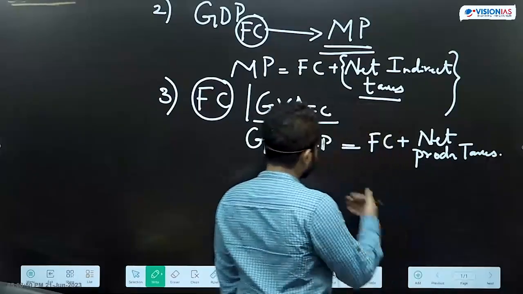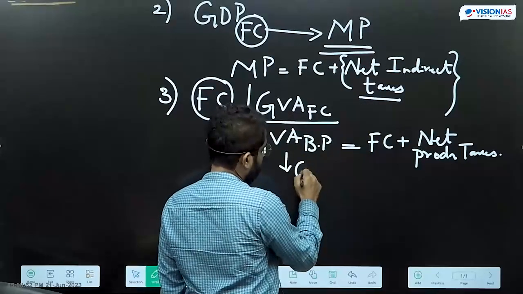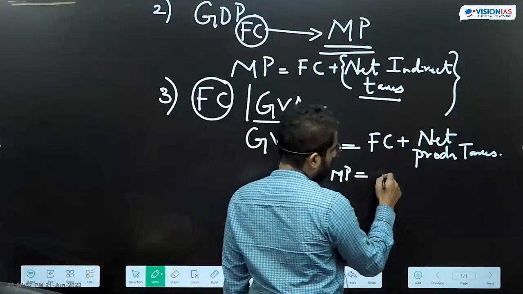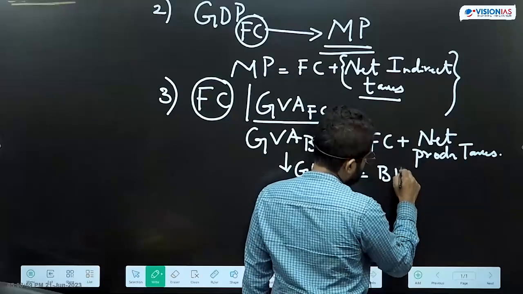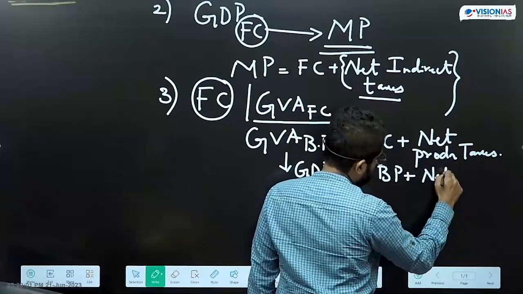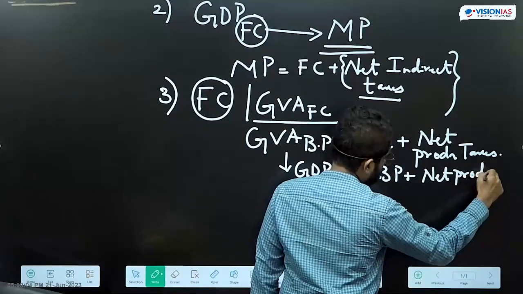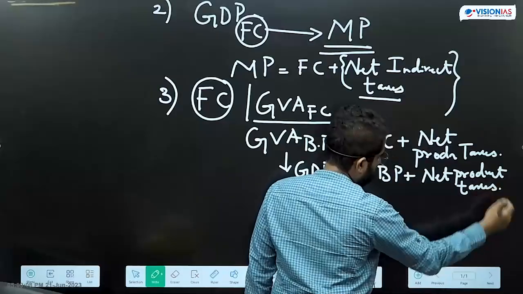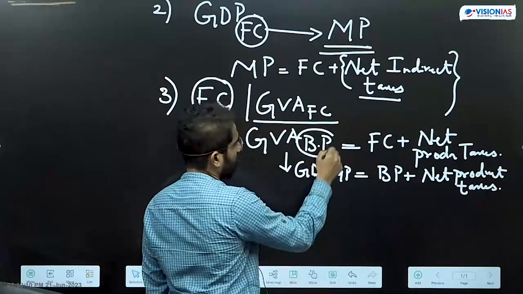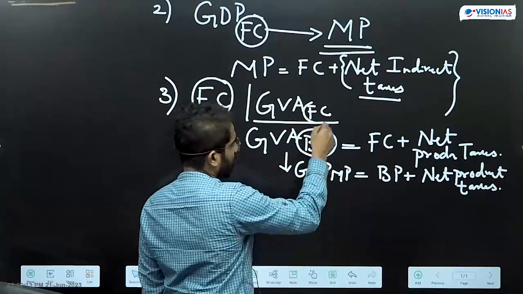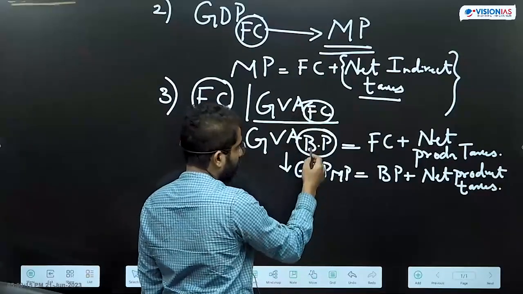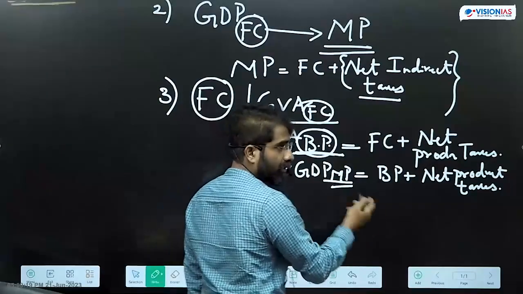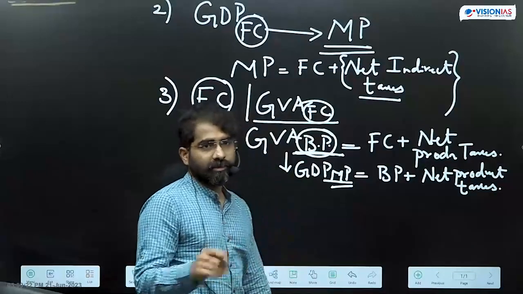And then from here they started arriving at calculating GDP at market prices, which will also include the net product taxes. So earlier this concept of basic prices was not there, so they were calculating things at factor cost only. So now they started calculating it at basic prices, and then they were arriving at market prices. This is one more change which they did.